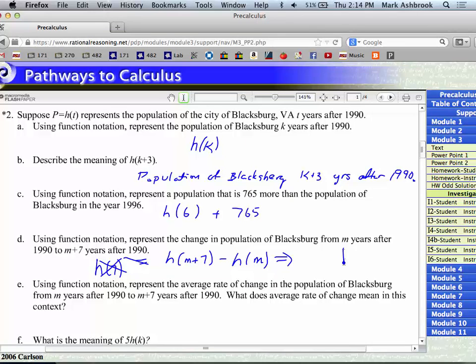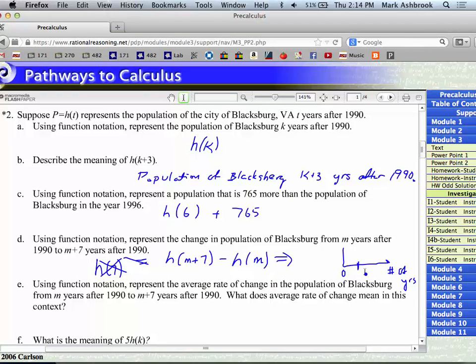But if we look at a graph here, what is our input quantity? Is it number of years or population? Our number of years is here on the axis. So what is our starting number of years? Here's t equals 0, 1990. In this change of population, at what time do we start?